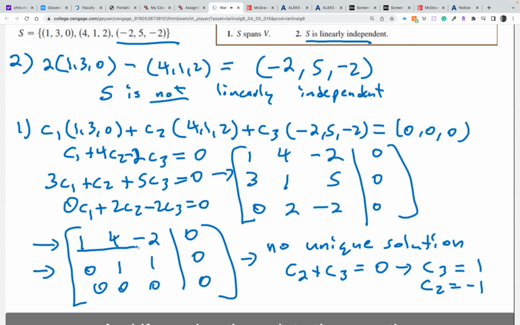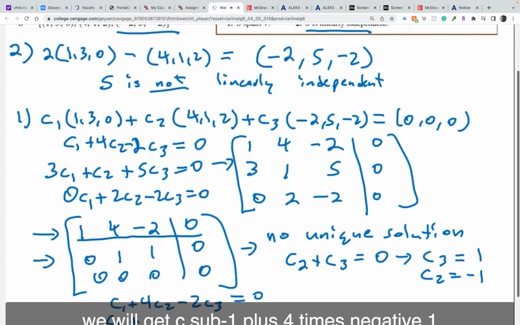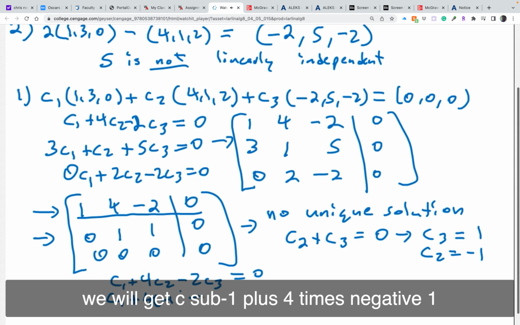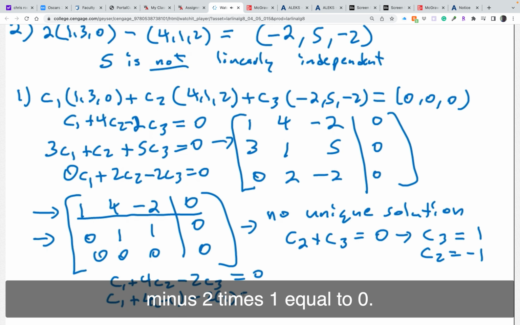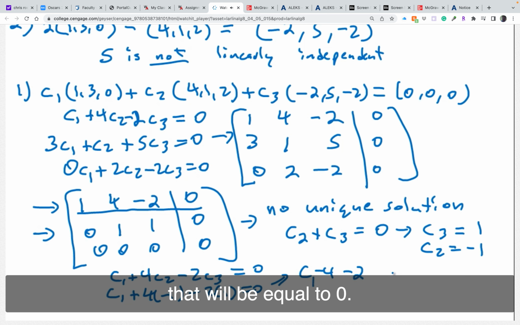And if we plug those into the equation given by the first row, C sub 1 plus 4C sub 2 minus 2C sub 3 equal to 0, we'll get C sub 1 plus 4 times -1 minus 2 times 1 equal to 0. And so that will tell us that C sub 1 minus 4 minus 2 will be equal to 0. So C sub 1 will be equal to 6.